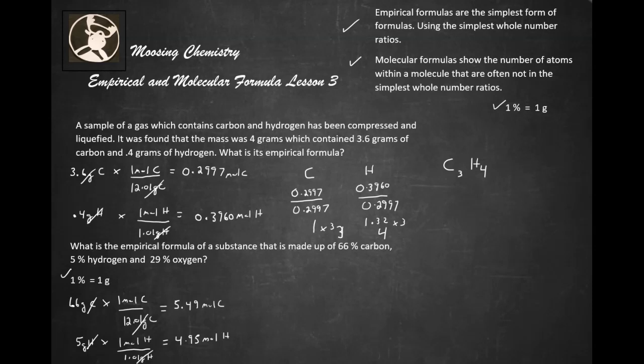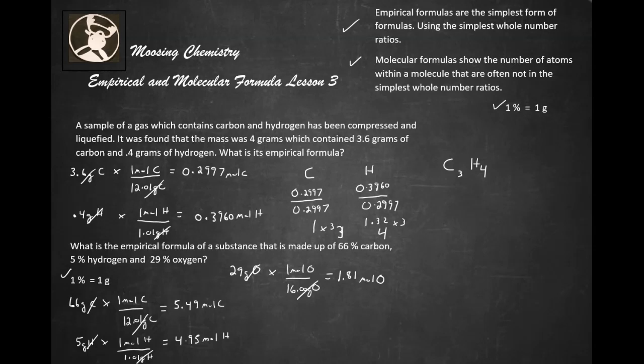And last but not least, we have 29 grams of oxygen times 1 mole of oxygen divided by 16 grams of oxygen. We're not using diatomic oxygen. And this gives me 1.81. Got it. Now, this is moles of oxygen.